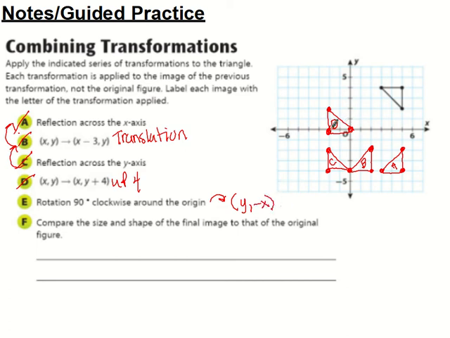So if this is at 0, 2, it's going to become negative 2, 0. This is negative 2, 0. It's going to become 0, positive 2. So it's going to go here. And then this point's at negative 2, 2. So it's going to become 2, 2.